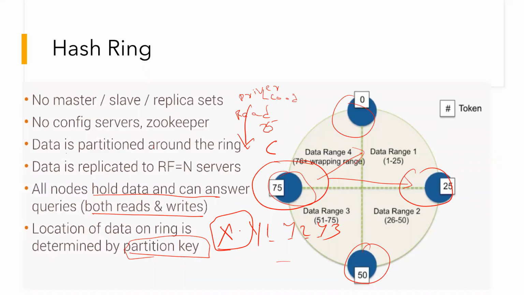Let's say you have another query where Y1 becomes your primary and you don't have X as part of that query. Then you need to create one more column family with Y1 as the partition key, and X, Y2, Y3 are just part of that column family.